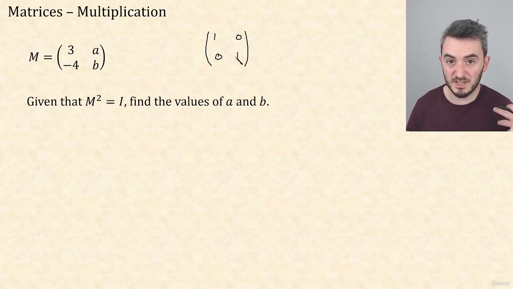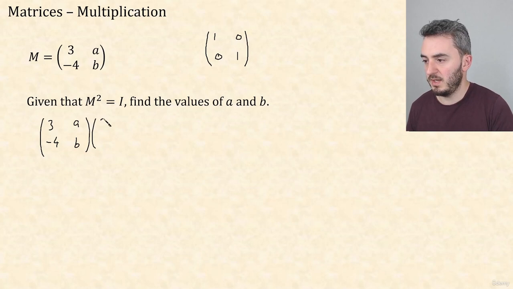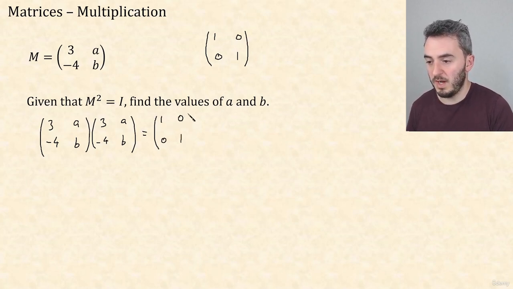It's the matrix that does nothing. So what we have is 3A minus 4B multiplied by 3A minus 4B should equal 1, 0, 0, 1.